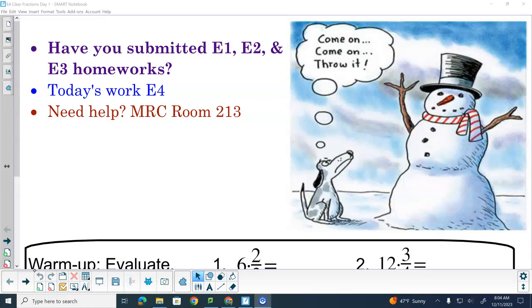Looking ahead to this week, we've got some clearing fractions today. We're going to start using step number 2, where we clear our fractions, and we're going to do some more of that tomorrow. And then Wednesday we're going to tie everything together. Here's an equation. Have at it, solve it.